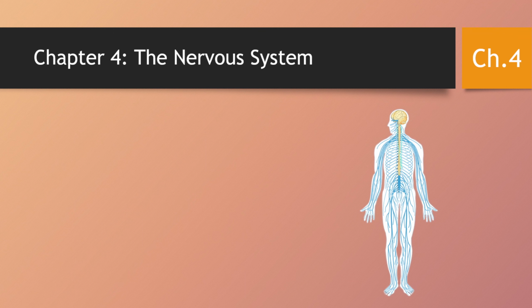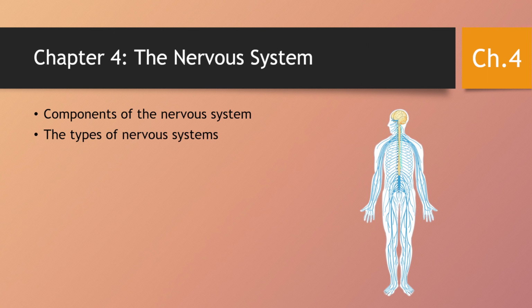So chapter 4 is the nervous system. So here we're really going to talk about how the nervous system itself works, but also how drugs kind of play a role in this process. So we're going to talk about some different components of the nervous system. We're going to talk about the different types of nervous systems. So that'll make sense as we go through them, things like central or peripheral nervous systems. We're also going to talk about neurotransmitters. So this is kind of the key component here of how drugs interact with the nervous system through these neurotransmitter components.